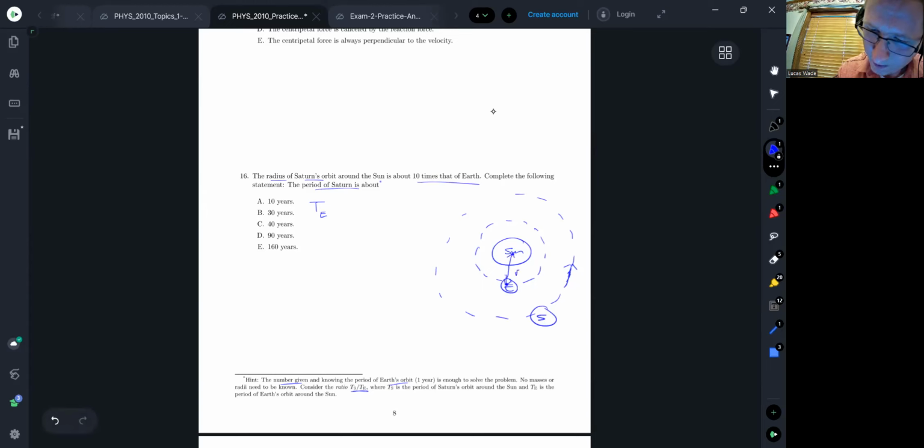So that's the distance from Earth's center to the sun's center, and then from Saturn's center to the sun's center. So I'm going to call those RE and RS for future use. What expression do we have for the period of a satellite's orbit?